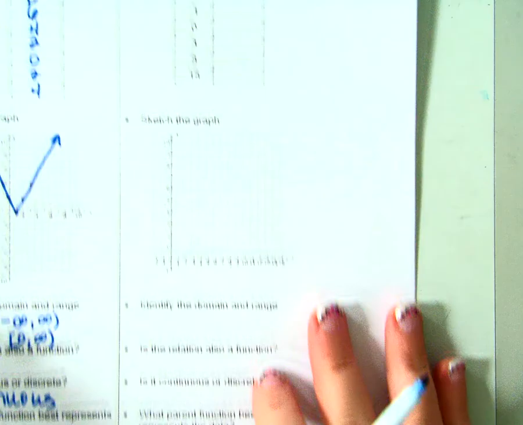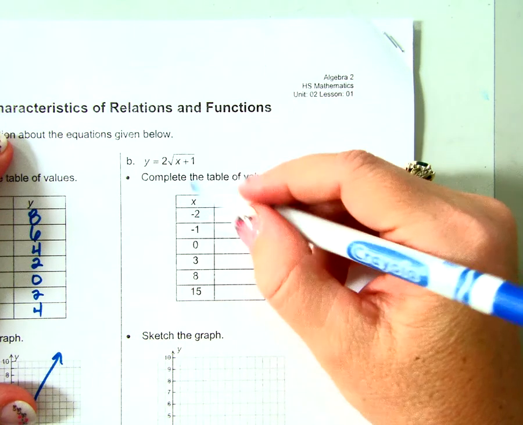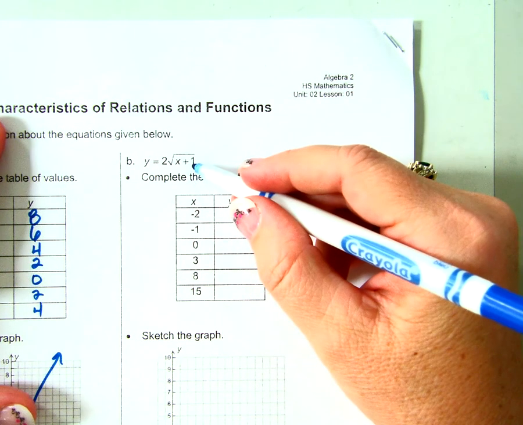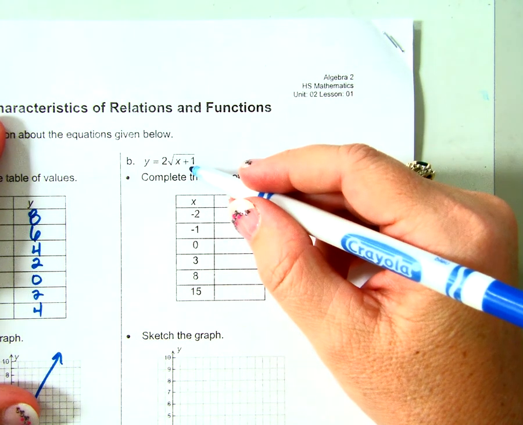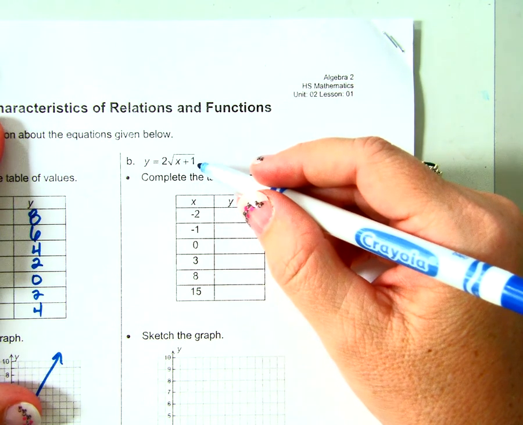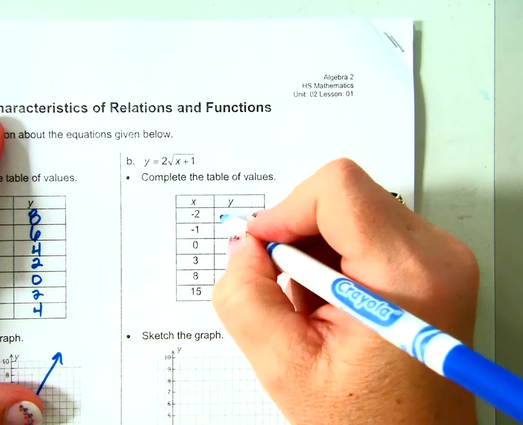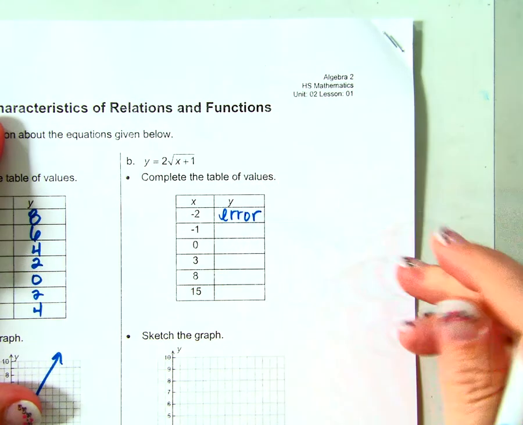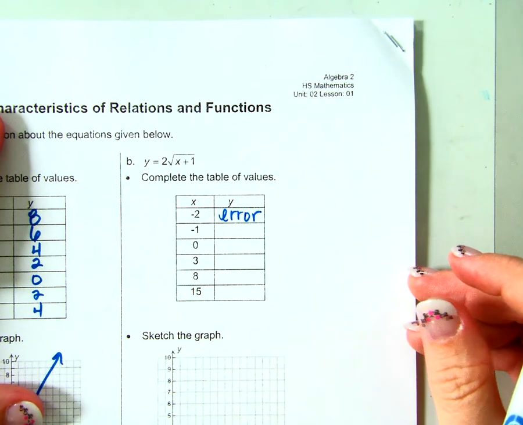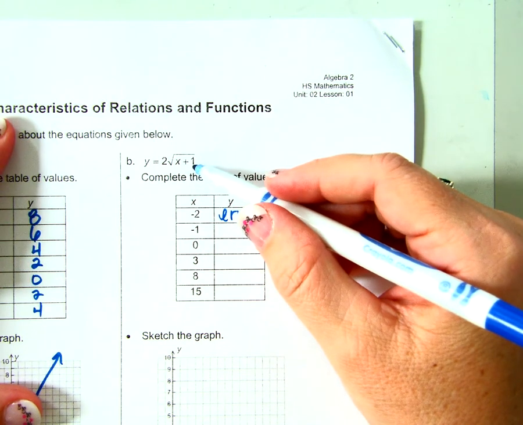All right, can we do this? We have 2 minutes. -2 plus 1, -1. What's the square root of -1? You don't know yet. Not yet. But right now you don't know. -1 plus 1, 0.